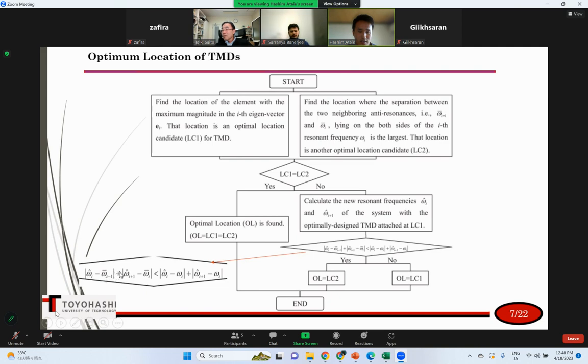If it is smaller than the right side, then the optimum location is the one achieved by the right-side approach. If it is not, then LC1 and LC2 are the same, like this, and we finally find the optimum location for TMD.